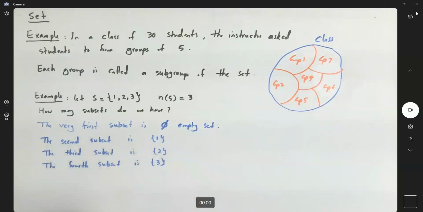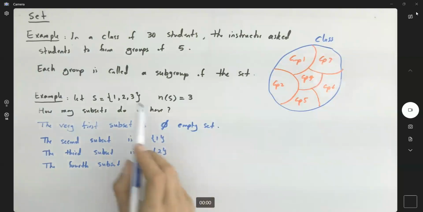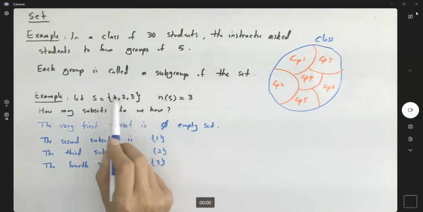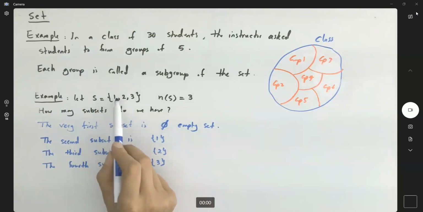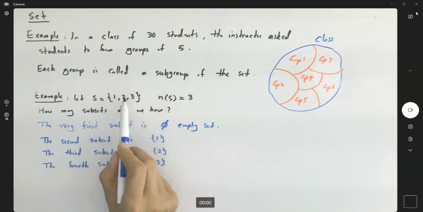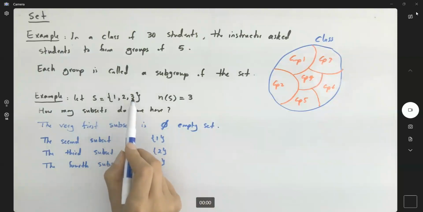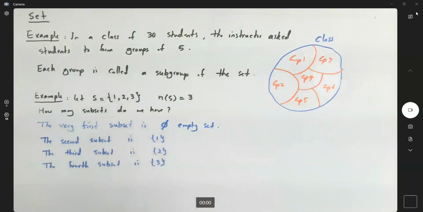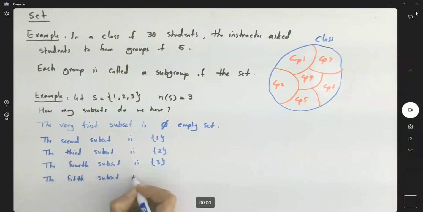Okay. What about if student 1 and student 2 want to work together? What if the first student and the third student want to work together? What if student number 2 and student number 3 want to work together? Yes, those are other scenarios. The fifth subset is the first student and the second student.